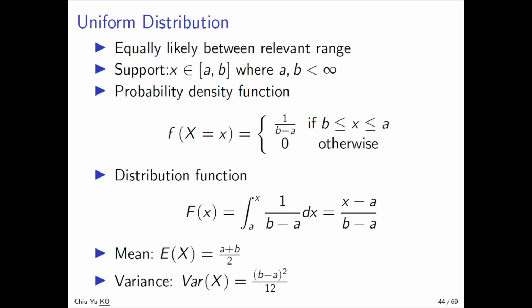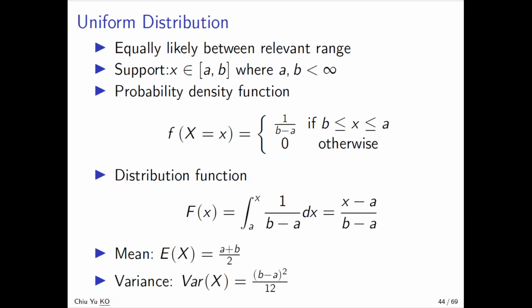For example, the support is between a and b, some finite numbers. The density function is defined as 1 over b minus a. Why do you define it this way? Because when you integrate it over the range, the result will be 1.